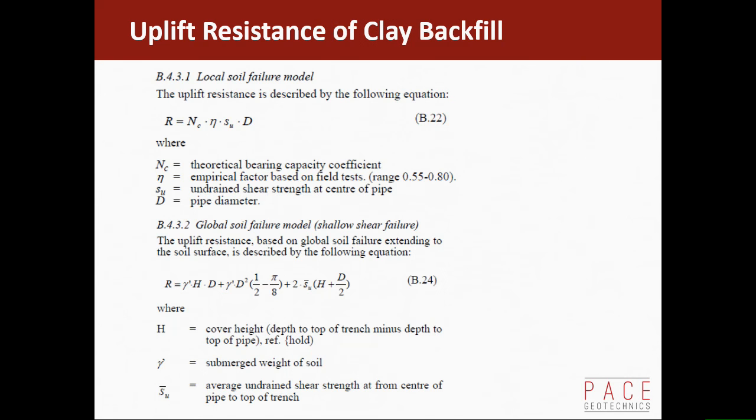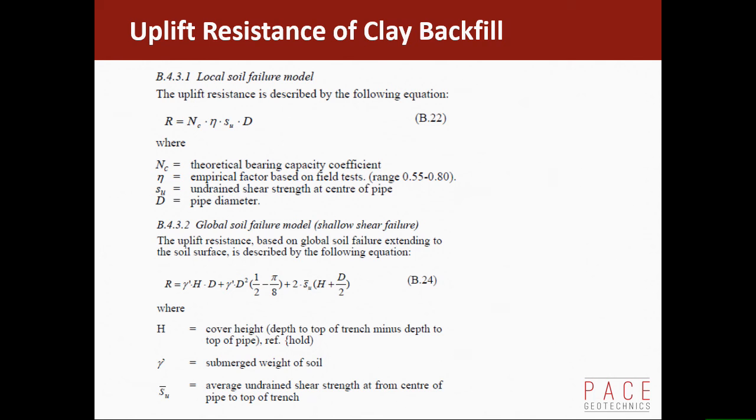And we end up with those two models from DNV. NC is normally, for deep sea, our local failure here. NC, the theoretical bearing capacity coefficient, will be 9, give or take. It can be up to 12, but you nearly always use 9.